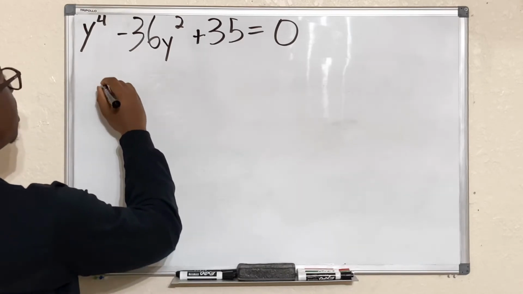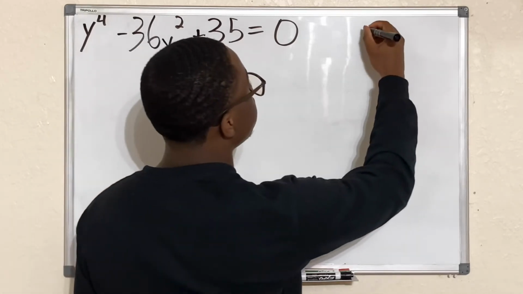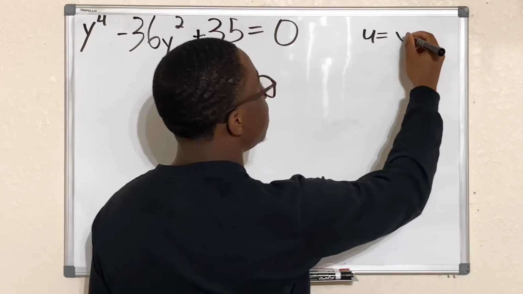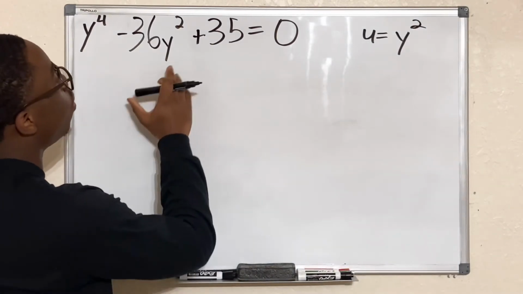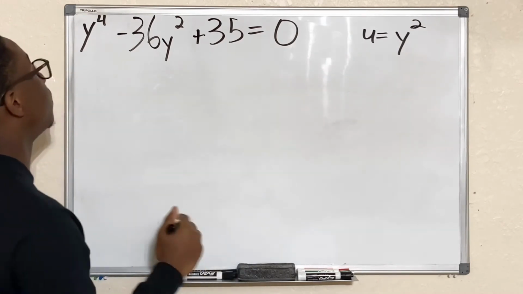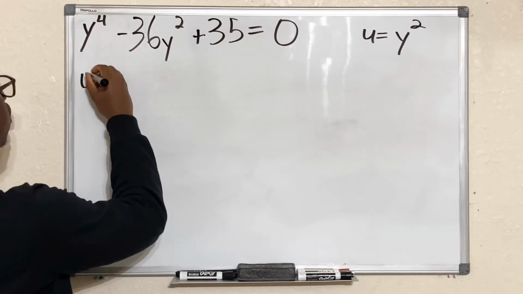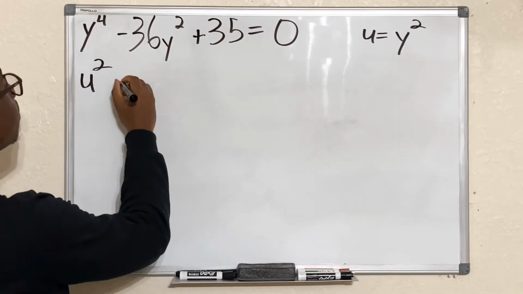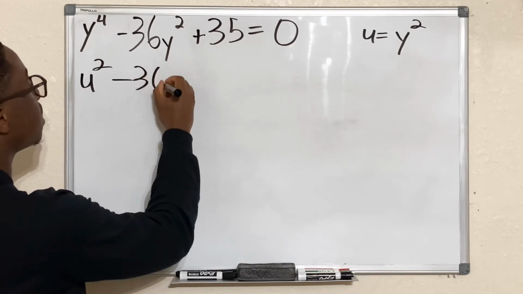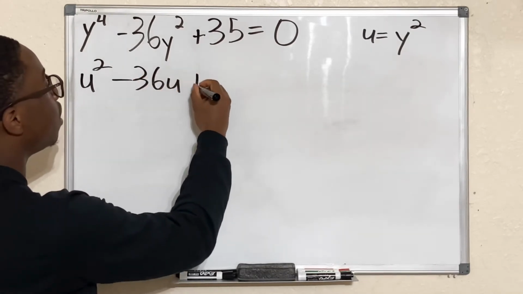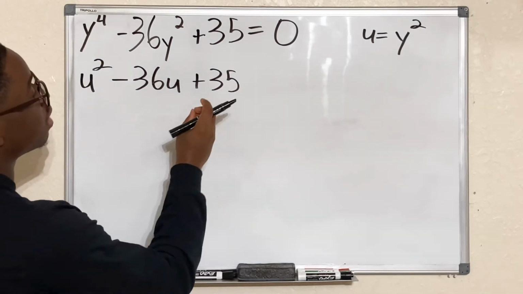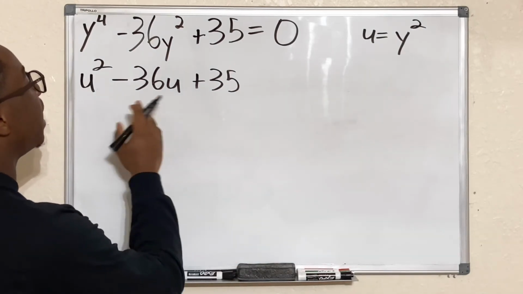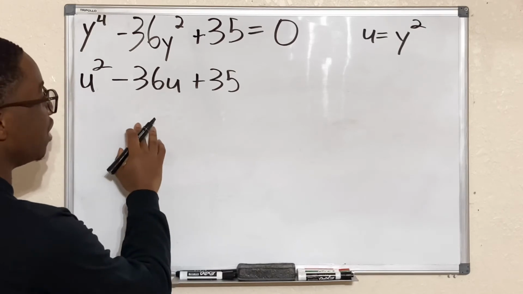So u is going to be equal to y squared. So now we're going to substitute y squared with u. So now you're going to end up with u squared minus 36u plus 35.